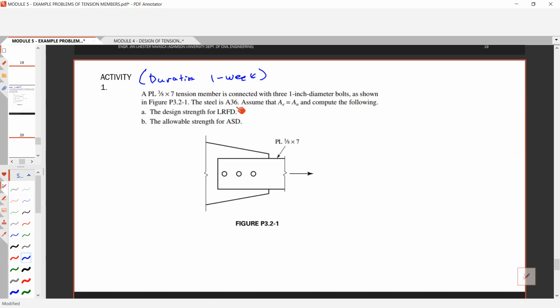And I will be giving your first quiz on Tuesday. So the coverage of your first quiz on Tuesday is design of tension members. So all limit states of gross yielding, tensile fracture, and block shear. Okay, class? Sige. No questions?